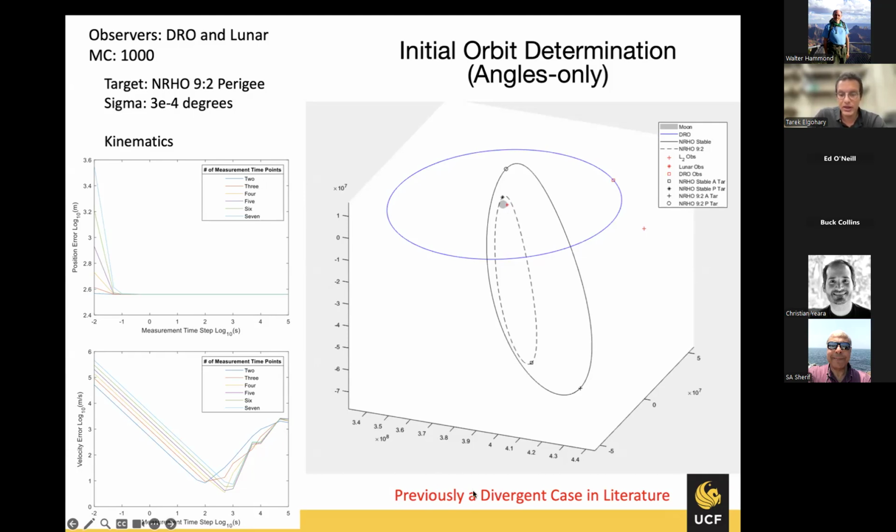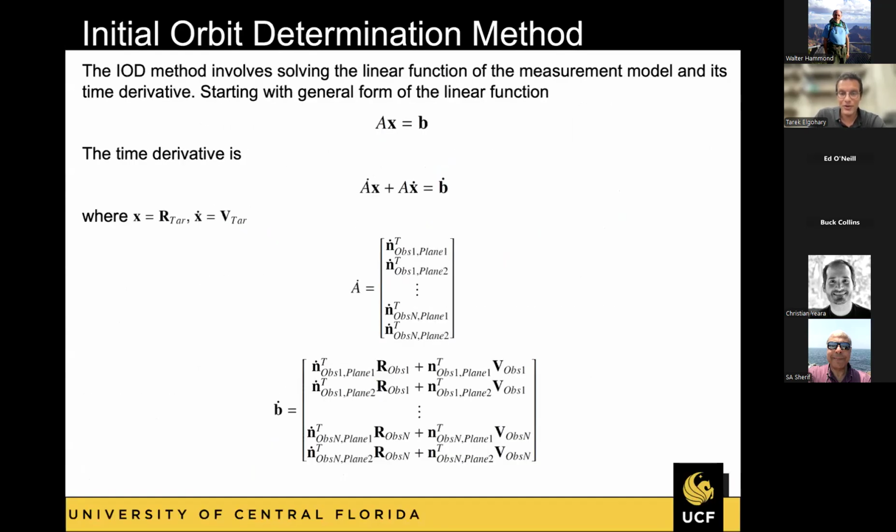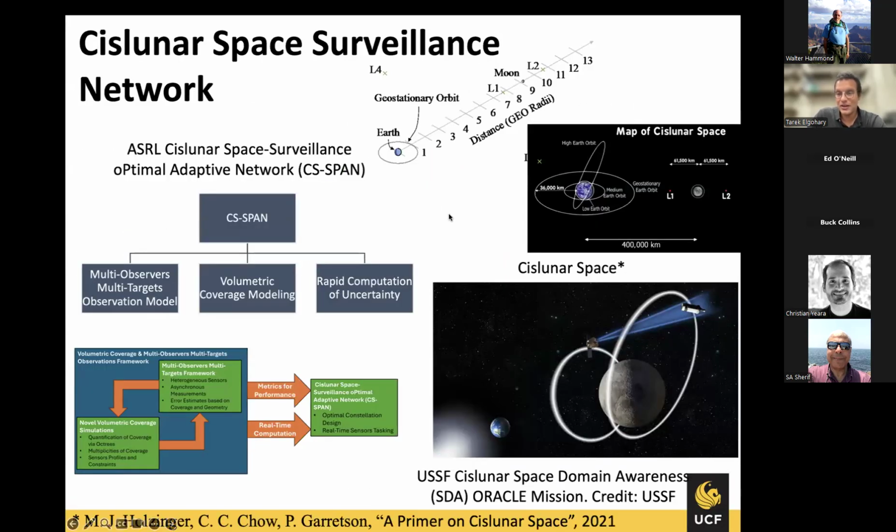Here we're doing IOD with two measurements, three measurements, four measurements, and so on. This case for IOD has been shown to diverge previously in the literature. With this method, we were able to get, this is log in meters and log in meters per second, centimeter error in cislunar space. On this scale, the inertial frame is somewhere here.